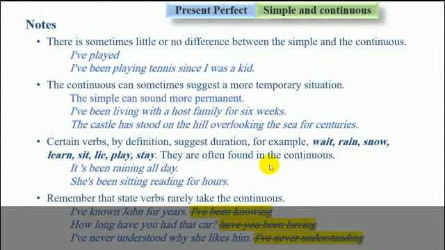I can't say I've never been understanding, right? Because understand, know, or have are state verbs, I can't use them in a continuous form.